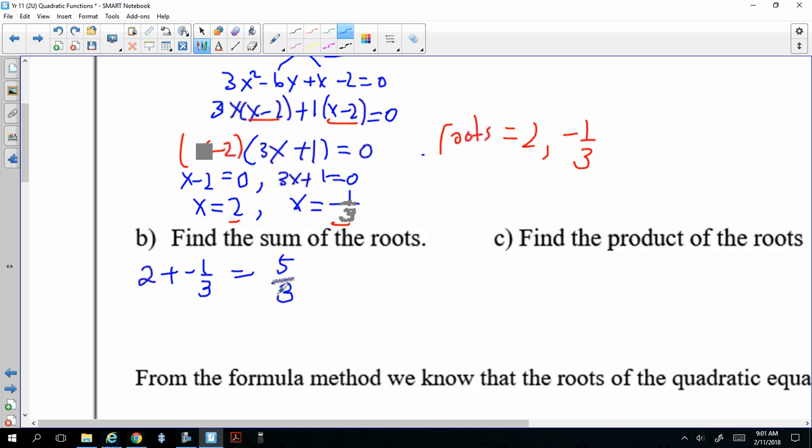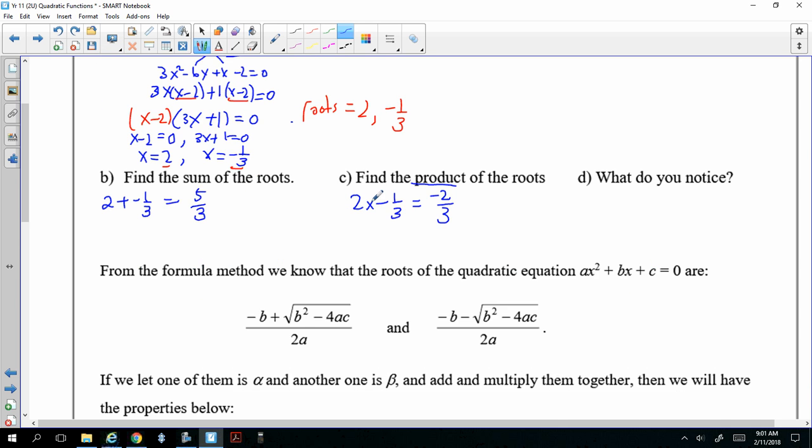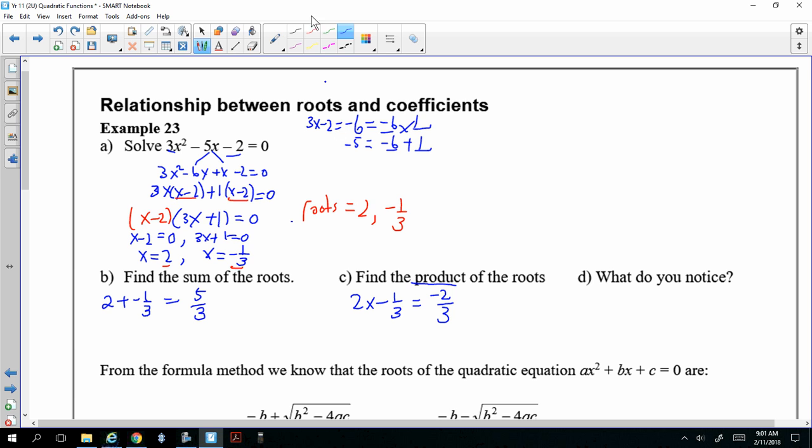Okay? And I also want you to do the product of the roots, which you have to multiply the two roots together. You get negative 2 over 3. There's some patterns involved. So what's the pattern there? If you look at the investigation, you will see that if this is your A, that's your B, that's your C, you will notice that the product of the roots is exactly C over A, isn't it?